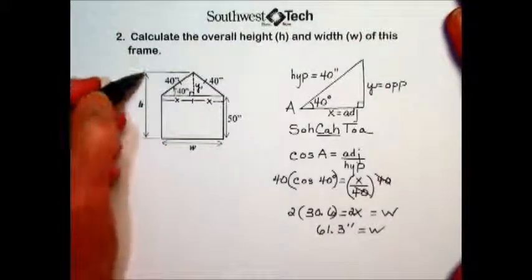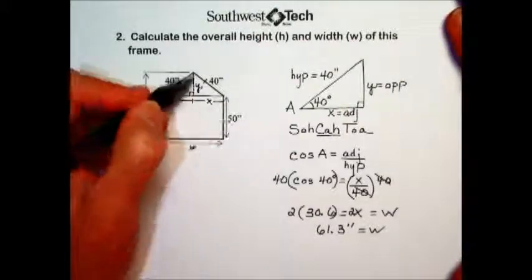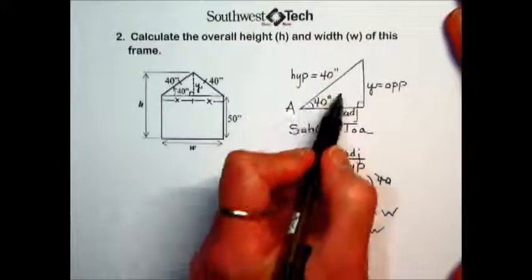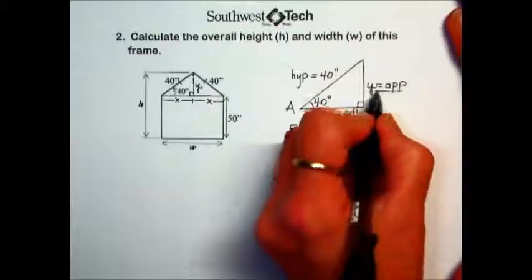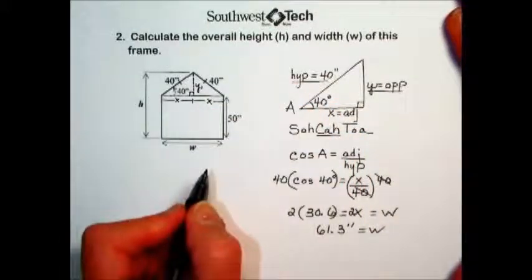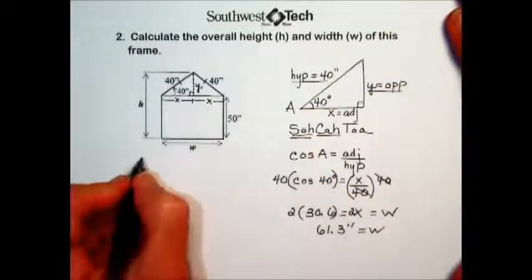Now, to answer the question for the overall height, we have the 50. We need to find the value of y. Returning back to one of our right triangles, we're looking for the opposite. And if we go with that given information of hypotenuse, this time we'll use the sine formula.